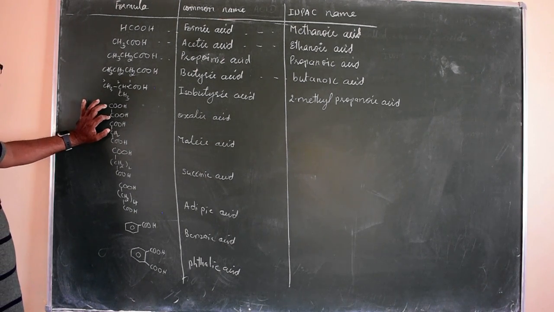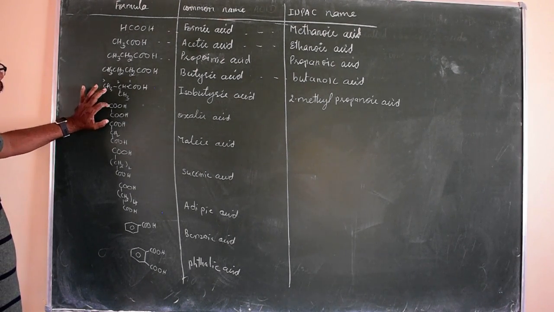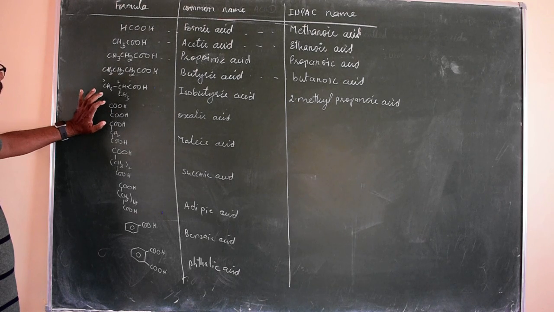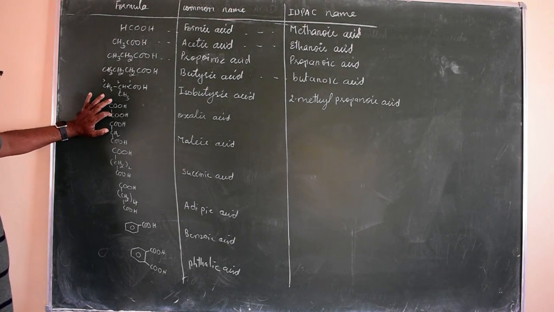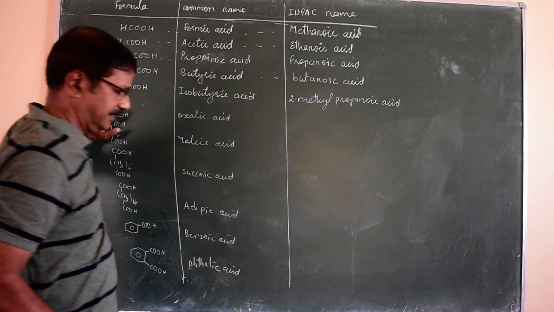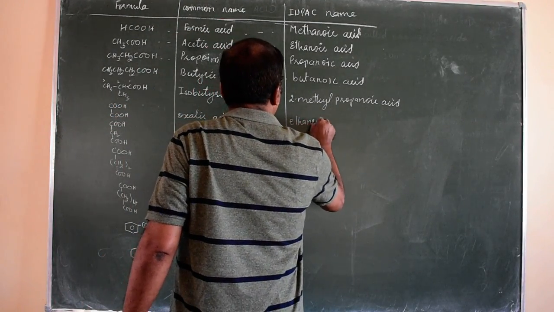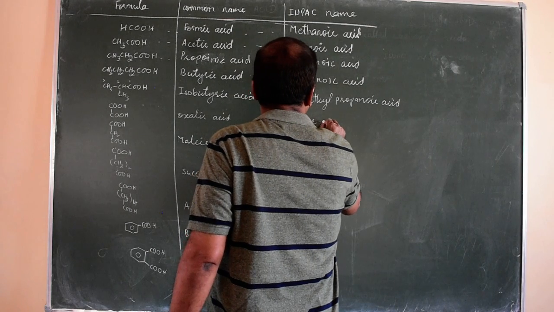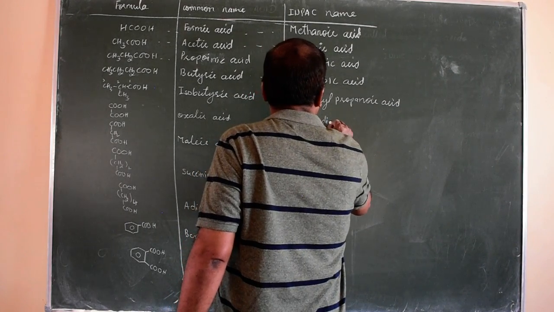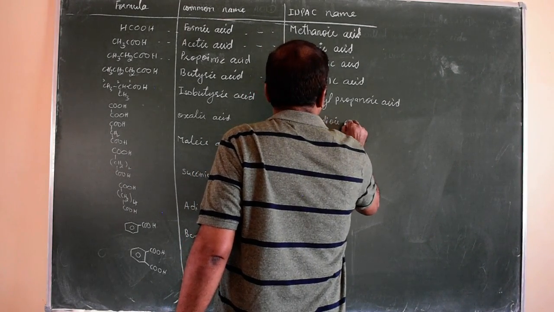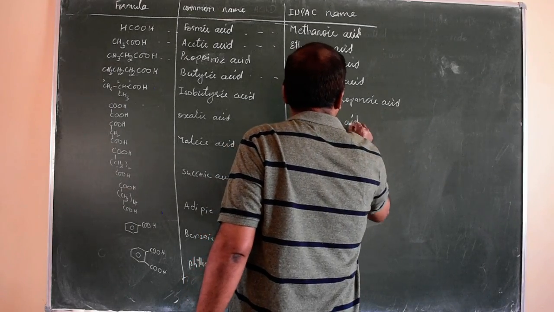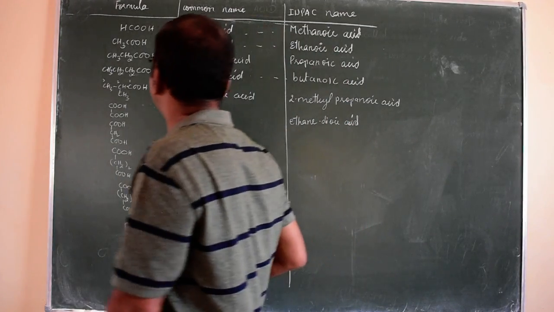Now we have a dicarboxylic acid. So it is a dicarboxylic acid with 1 and 2, so it is ethane dicarboxylic acid or ethane dioic acid.